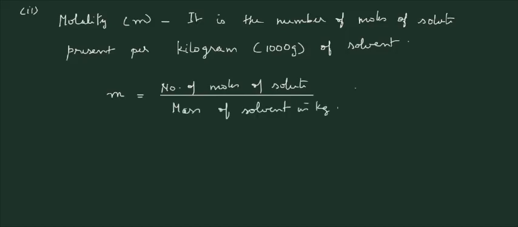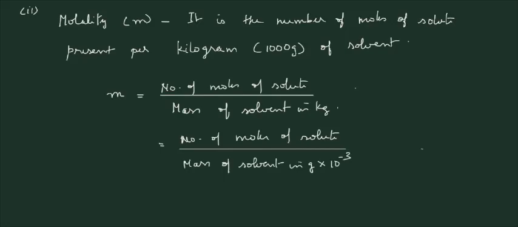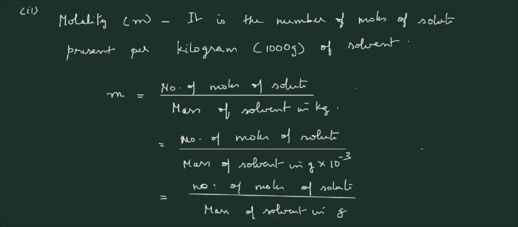If the mass of solvent is expressed in terms of grams, we can write this as number of moles of solute divided by mass of solvent in grams into 10 raised to minus 3. This is equal to number of moles of solute divided by mass of solvent in gram into 1000.